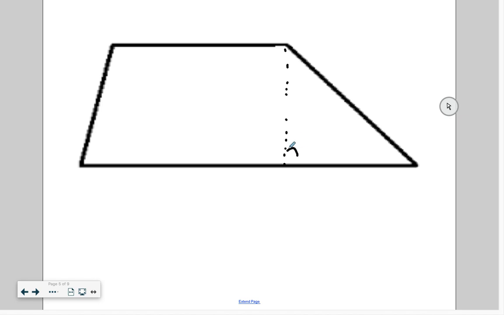Imagine that's correct, guys. Use your imagination. This is 5 meters. This is 4 meters. This is 10 meters. And this is 6 meters.